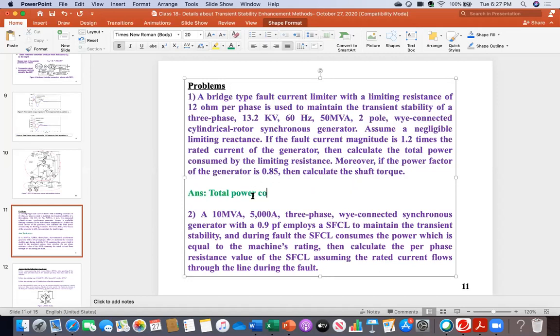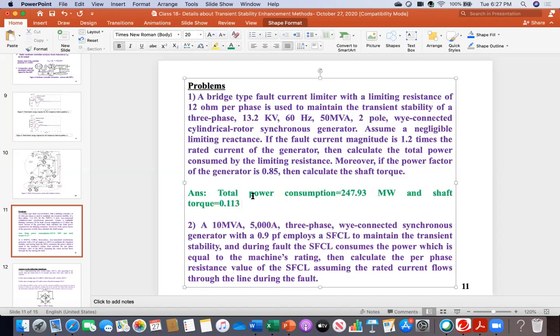So total power consumption, I got 247.93 megawatt, and the shaft torque is 0.3 mega Newton meter.